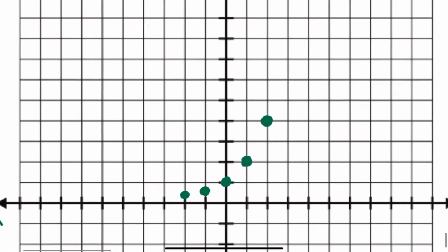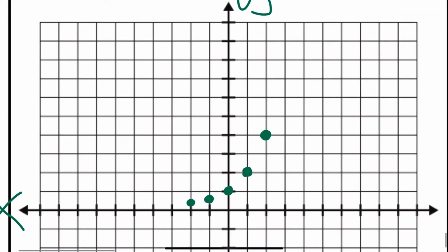So let's just connect our dots here, like so. But with these, I'm going to extend this past my graph. And then I'm going to get really, really close to that 0, but I'm not actually going to touch it. So this is where that asymptote part comes in.